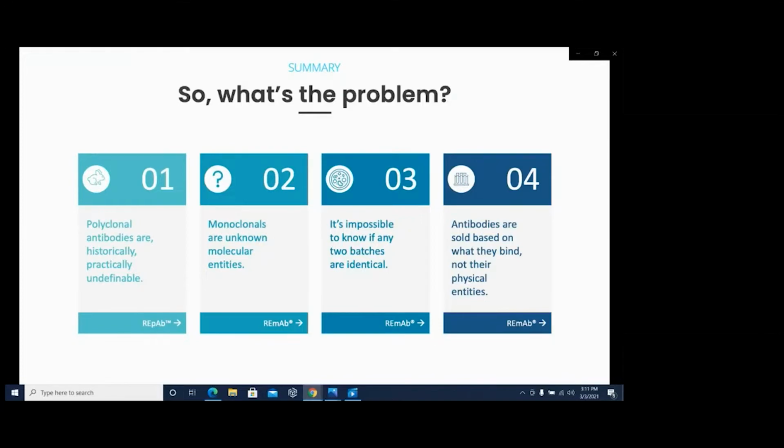Ultimately, the QC on these antibodies tends to only be done once during the early stages of the development of an antibody and is never done again, despite the fact there might be some major changes to the actual antibody itself. Fundamentally, this allows for antibodies to be sold with incomplete validation, solely because antibodies are being sold based off of what they bind and not their actual physical characteristics.